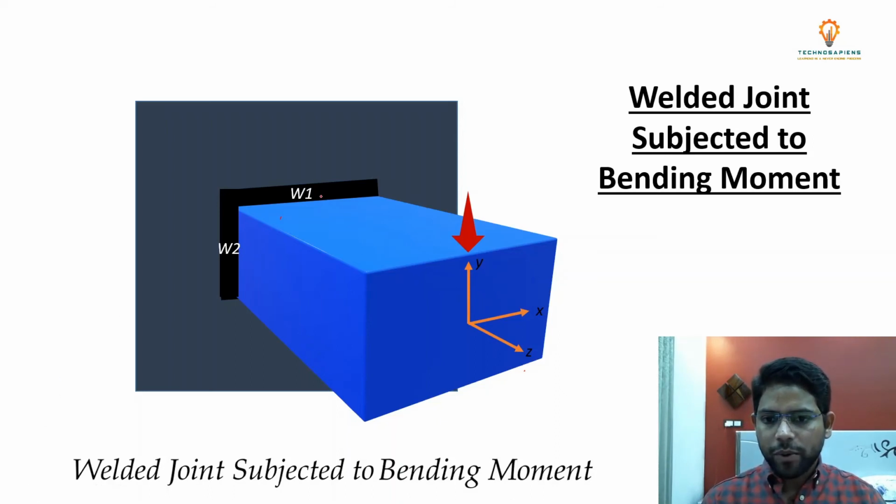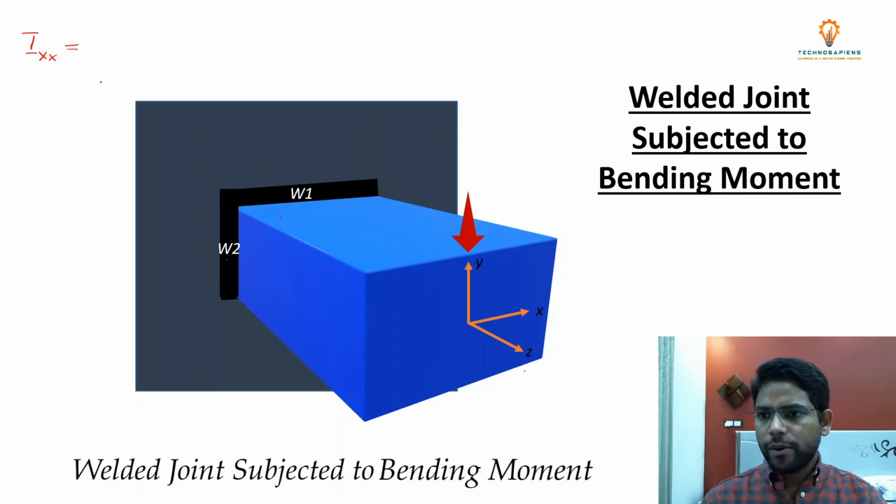This is weld number 1 and this is weld number 2. Now you have to calculate this second moment of area separately for both the welds. Since the load is acting parallel to the y-axis and the bending moment which is induced in these welds is about the x-axis, you have to calculate the second moment of area about the x-axis.